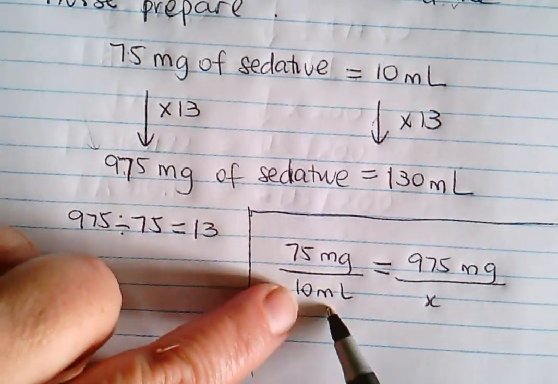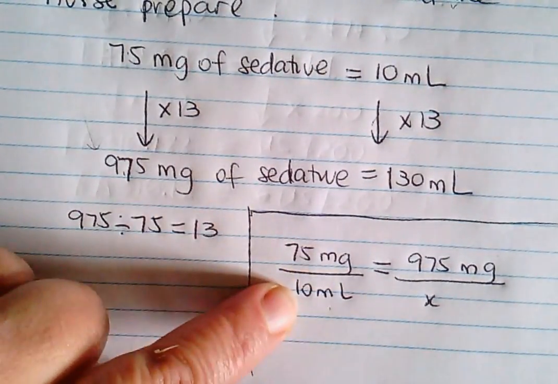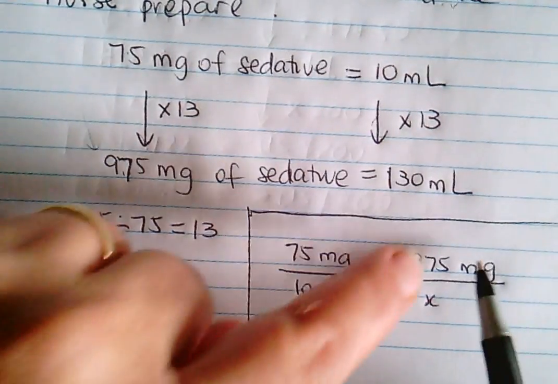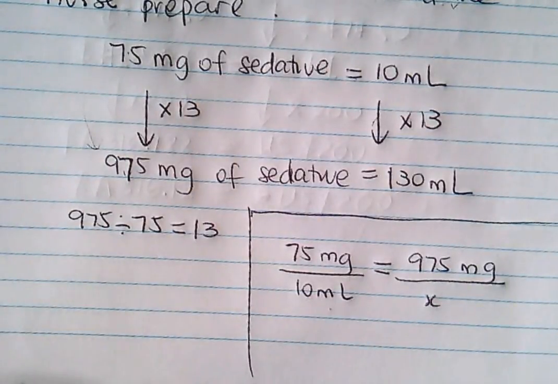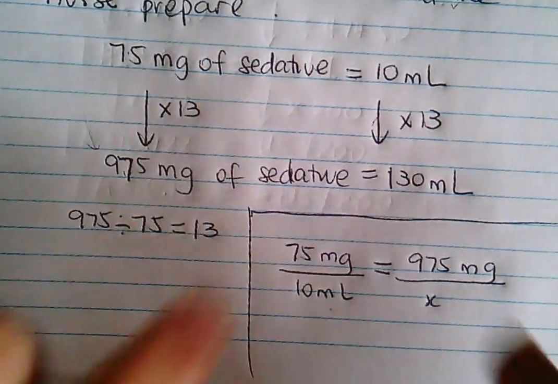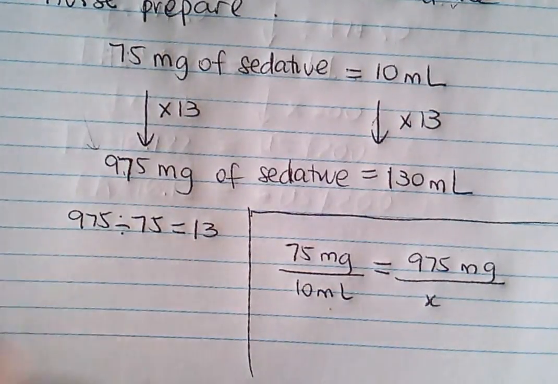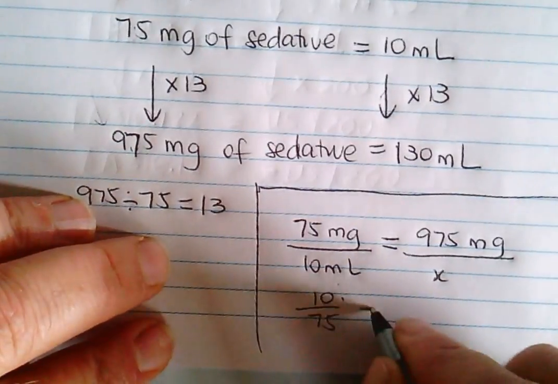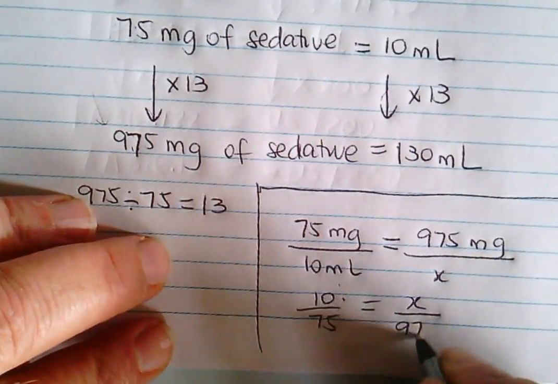The rate that you dose the patient is not supposed to change. You know how that X is on the bottom? When X is on the bottom, if you've got fraction equals fraction, flip both of them and you get 10 over 75 equals X over 975.